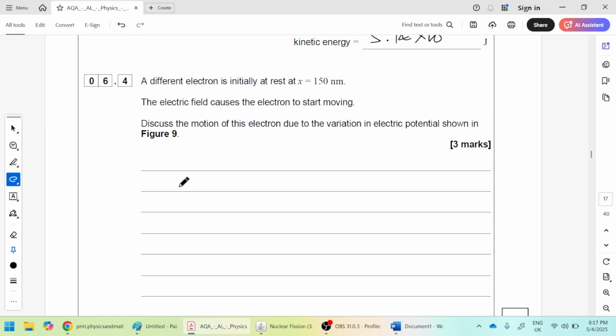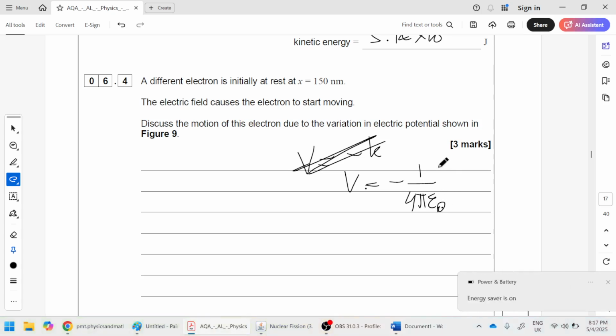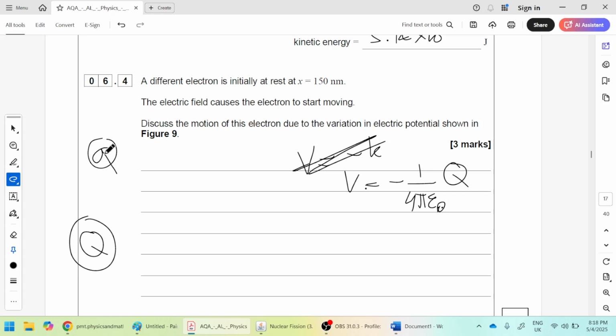Before we start, V is equal to minus, yeah, I'm used to that format, so minus 1 over 4 pi epsilon naught, sorry, give me a second, 4 pi epsilon naught Q, which is the charge Q, and a little charge, simple q.